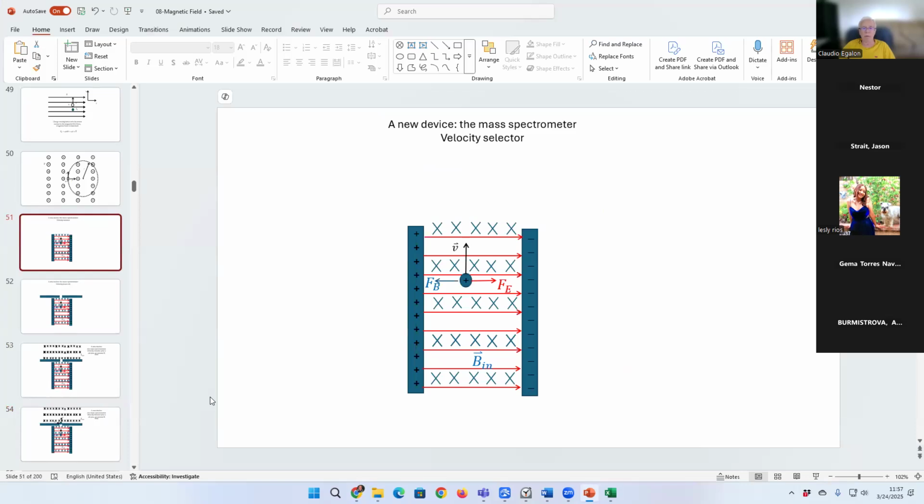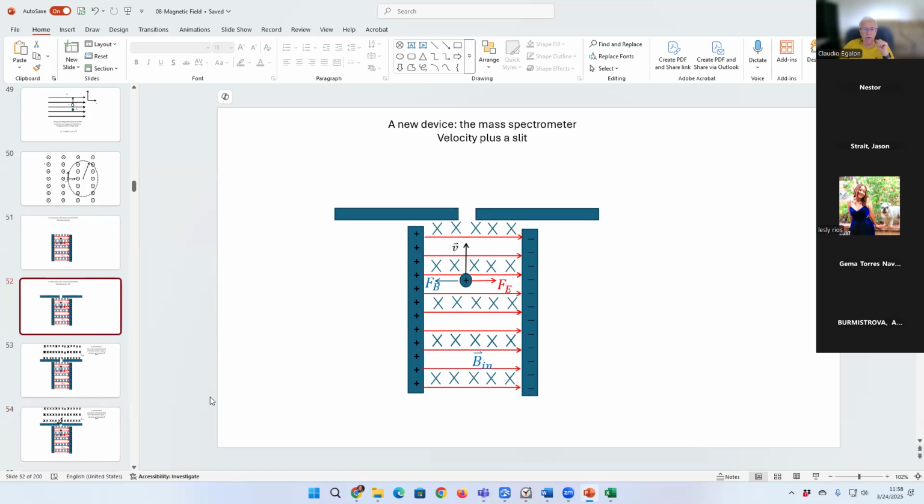Just like before, we have a velocity selector. You should be familiar with that now, right? We adjust the electric and magnetic field so the net force applied to the charge, which doesn't depend on the value of the charge, is equal to 0 in this region.